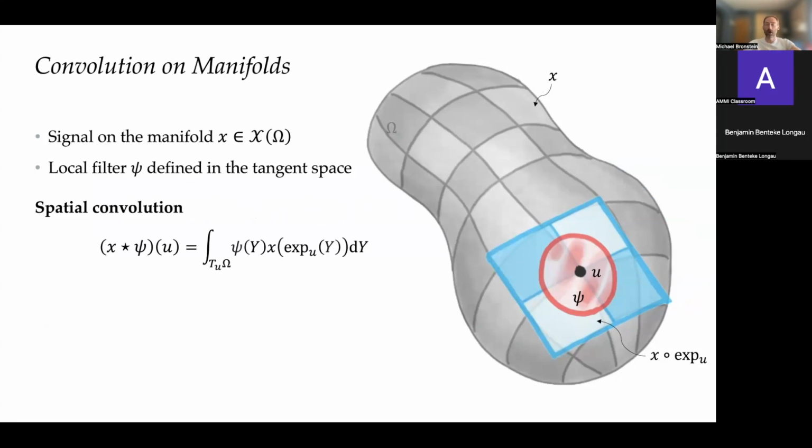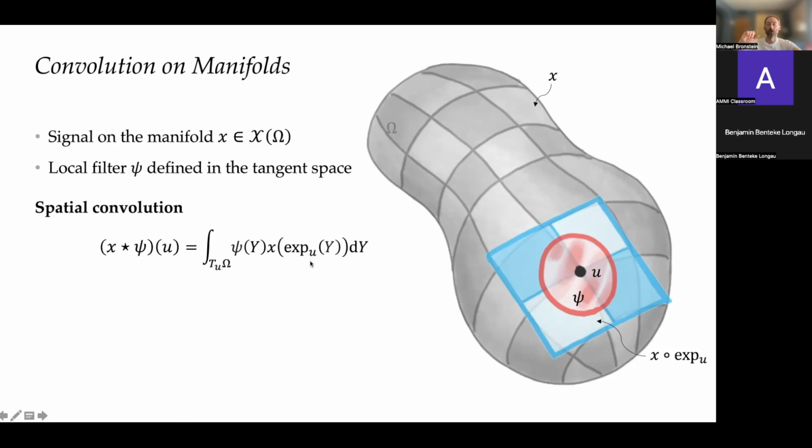Okay, so conceptually, the analogy of spatial convolution is that I take the integral of the filter, and I integrate on the tangent space at every point with the values of the function that I bring to this tangent space through the exponential map. So I compose the signal with the exponential map.